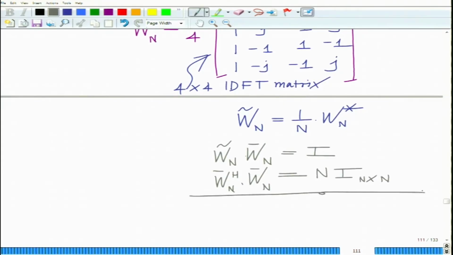So you can verify these properties as homework. MATLAB gives a very convenient interface to enter matrices, so you can quickly enter these matrices and verify these properties.